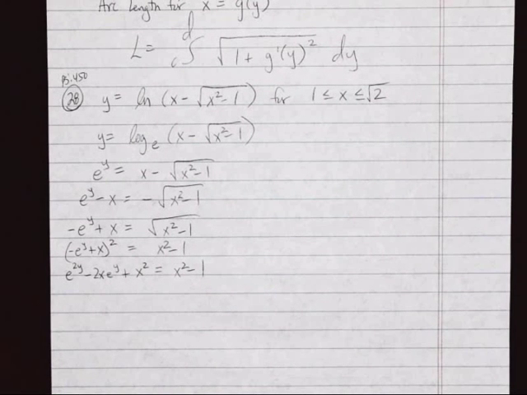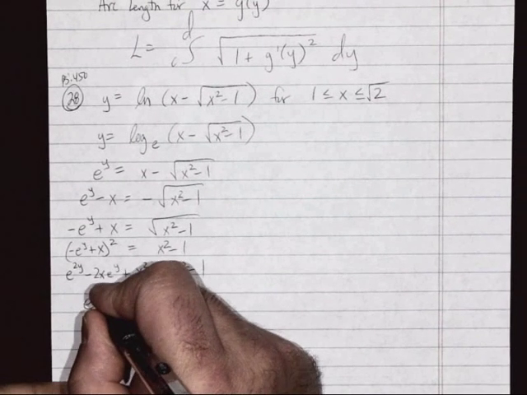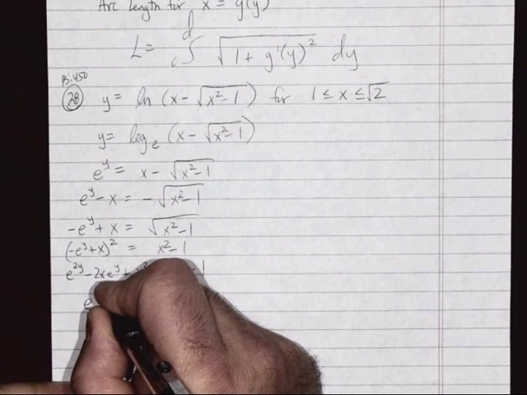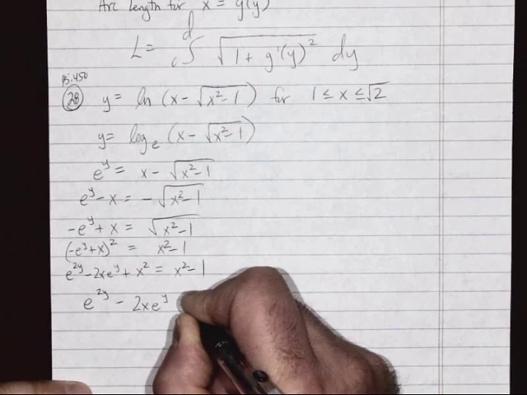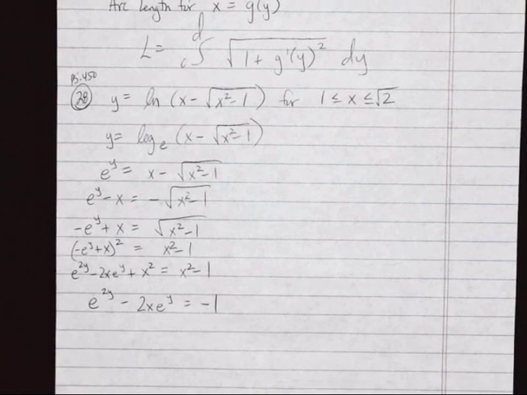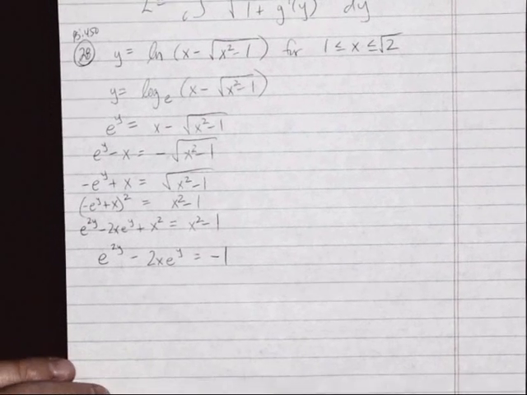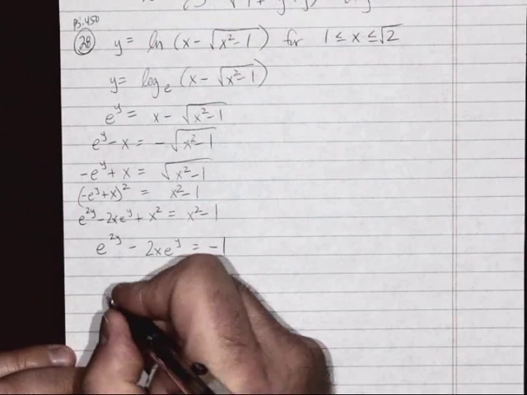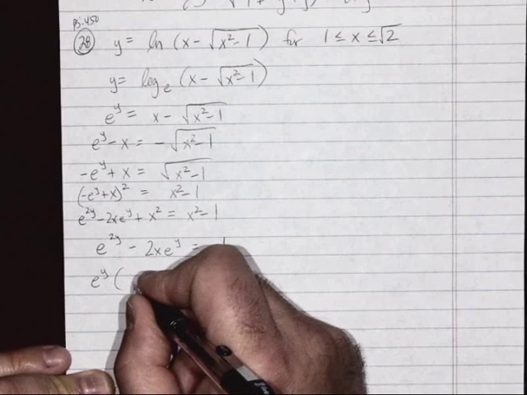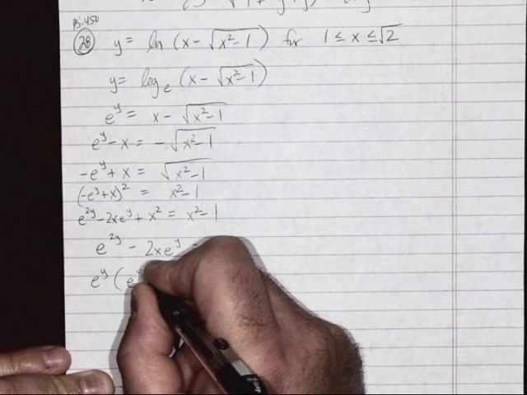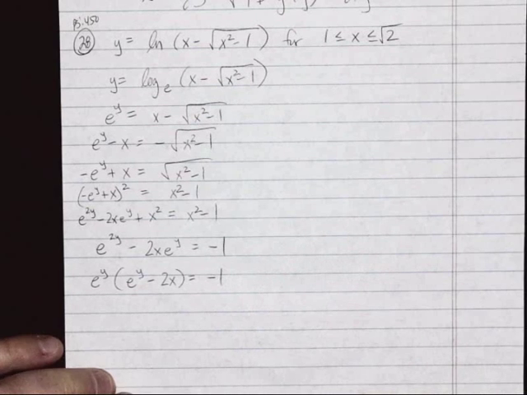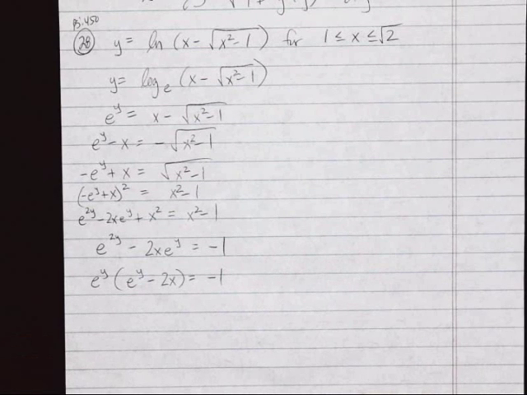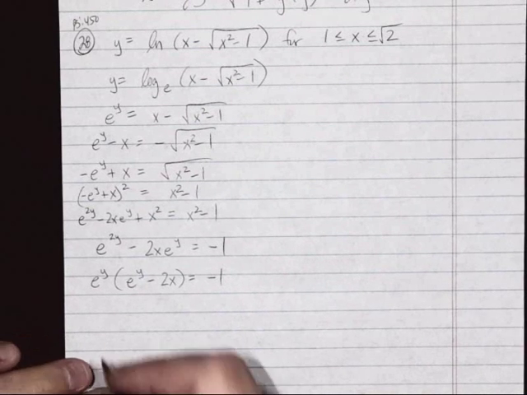And those x squareds can essentially just get subtracted from both sides. So I get this. I can factor out an e to the y, since they have that both in common. Divide by e to the y.